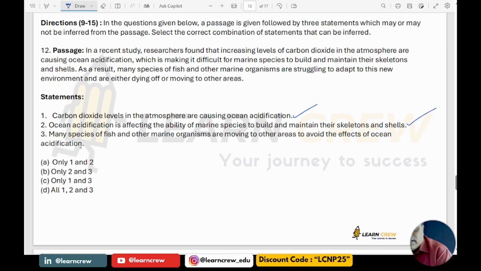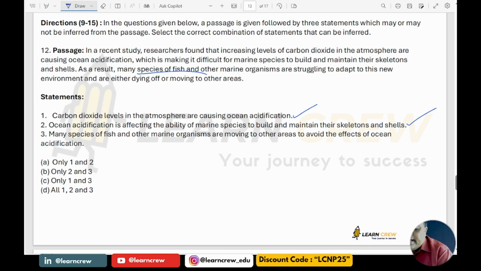What about 3? Many species of fish and other marine organisms are moving to other areas to avoid the effects of ocean acidification. So statement 3 is indirectly mentioned in the passage, which states that many species of fish and other marine organisms are either dying off or moving to other areas.